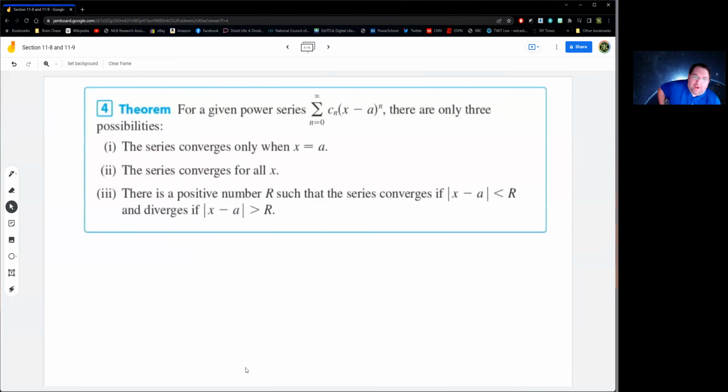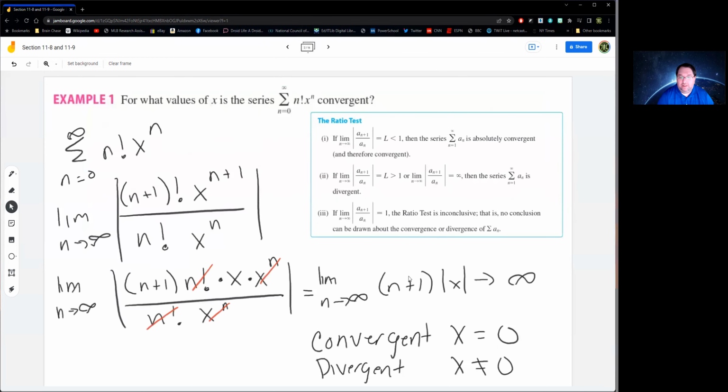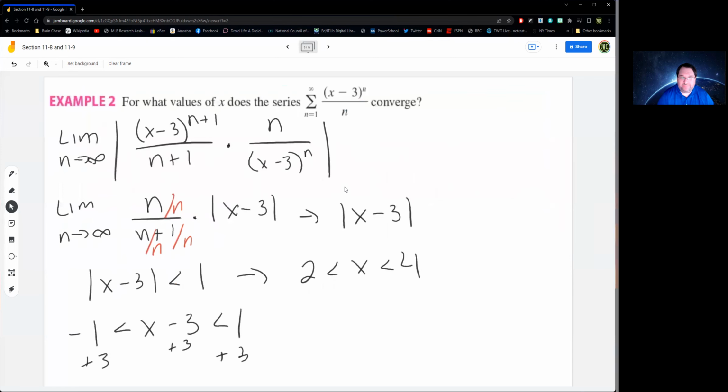All right, so for any power series, there's only really 3 possibilities. 1, it converges only when x is in essence 0, which we did in the first set. 2, it converges for all x. Actually, it wasn't that one.